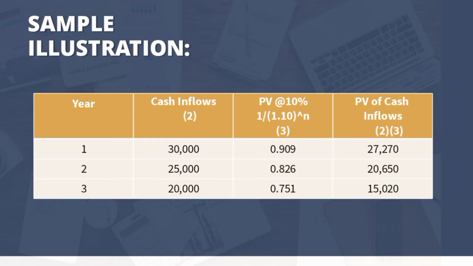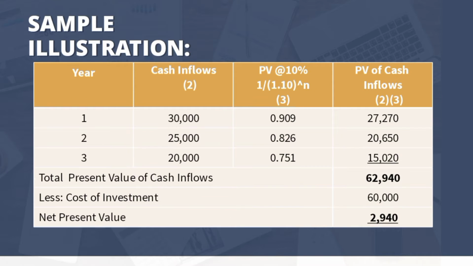Based on the computation, the cost of capital of 10% is not the discounted cash flow rate of return or the IRR, because when the 10% is used to discount the cash flows, the net present value is not zero. And our objective now is to find the rate which, when used to discount the cash flows, will yield the net present value that is equal to zero.